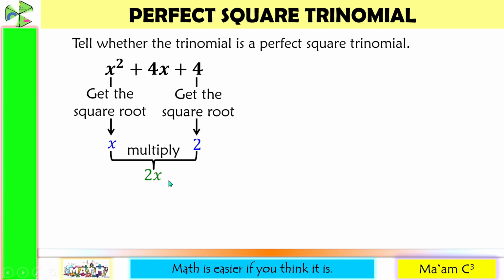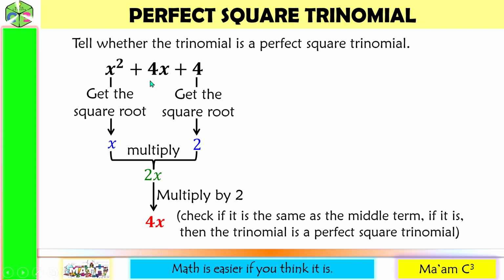And multiply again by 2. This will give us 4x. We have to check if this is the same as our middle term. And yes, it is. 4x, 4x. Therefore, x squared plus 4x plus 4 is a perfect square trinomial.